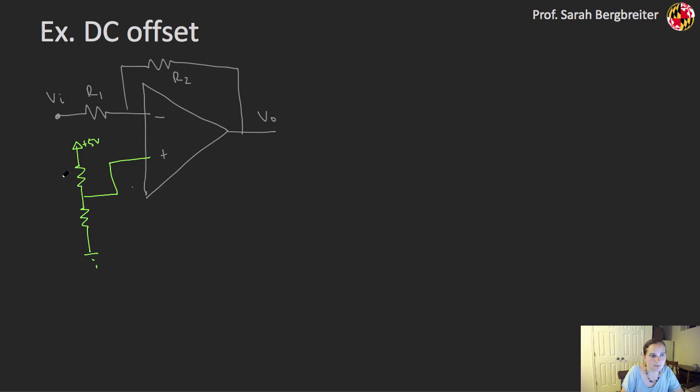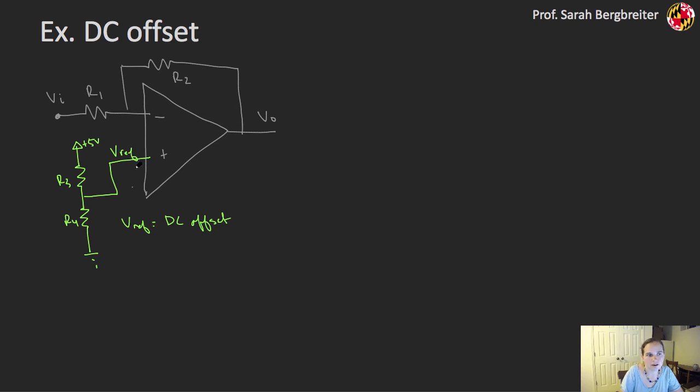And so maybe this is R3 and R4, and I've defined R3 and R4 so that this is approximately the 3 volts that I had, or I should better write that as the DC offset that I want to remove. So I'm going to call this Vref, and I generally want my Vref to be equal to the DC offset to be removed before I amplify things.